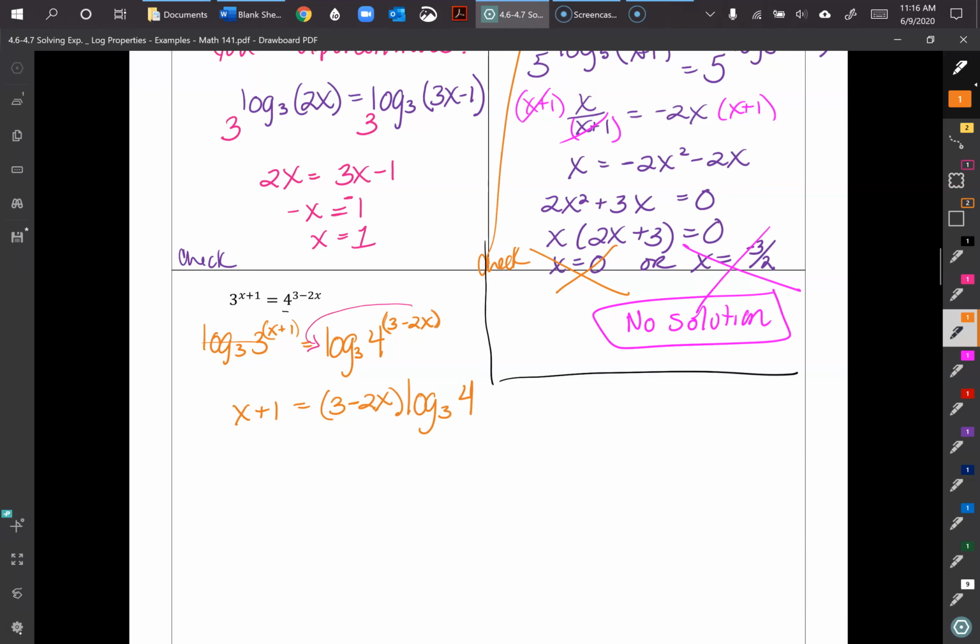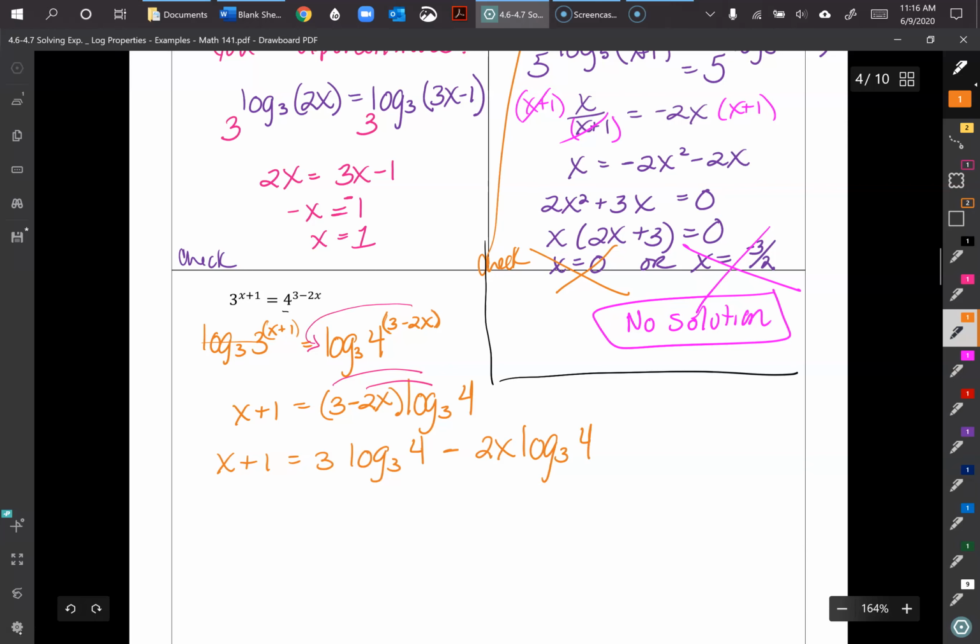Okay, so now what I want to do to simplify is to distribute this to that log base 3 of 4. So in my next line, I'm going to have x plus 1 equals 3 log base 3 of 4 minus 2x log base 3 of 4.